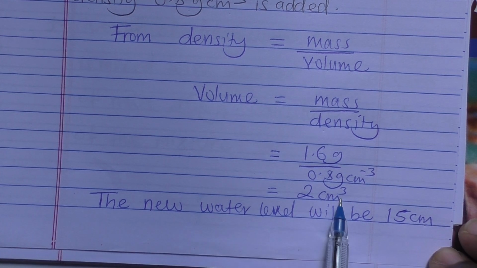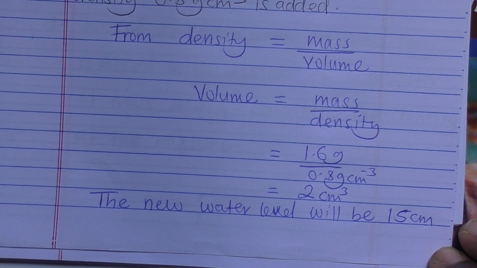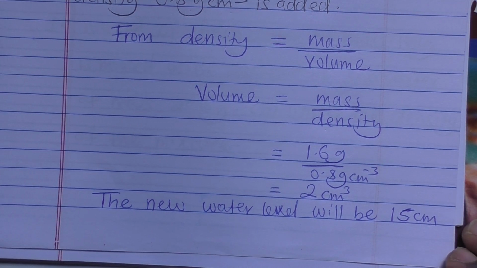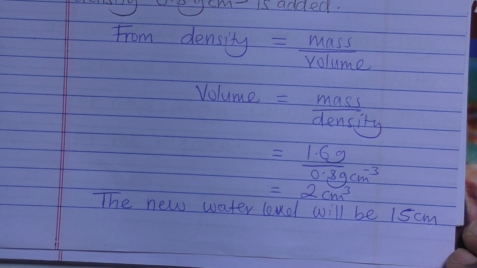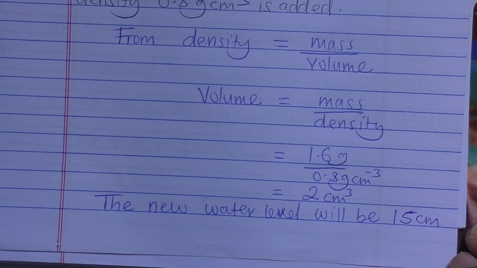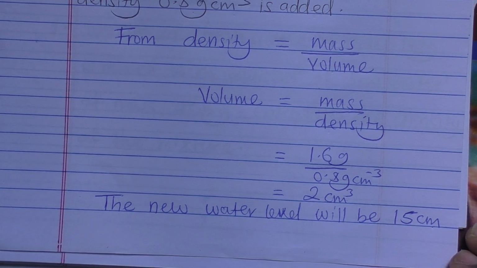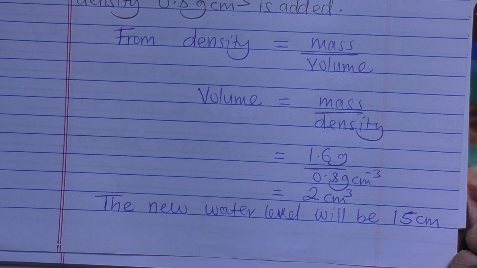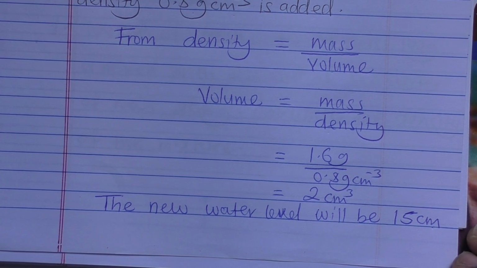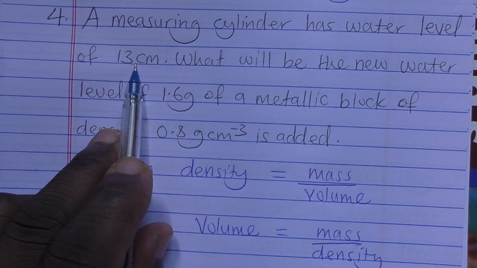Now don't mind about the tube, because the volume of the water in the measuring cylinder is represented by the height at which the water level is in the measuring cylinder. So in the question we are having 13 centimeters as the water level.